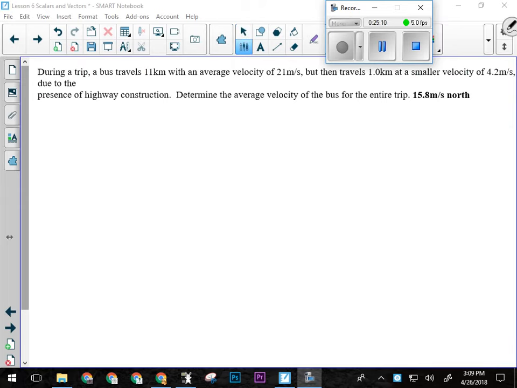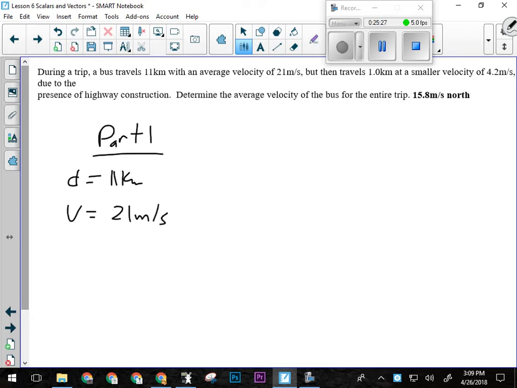Okay, so we've got this bus trip, and it travels 11 kilometers with an average velocity of 21 meters per second. So that's part one. Okay, so in part one, we have a distance of 11 kilometers, okay, and I should say speed of 21 meters per second.